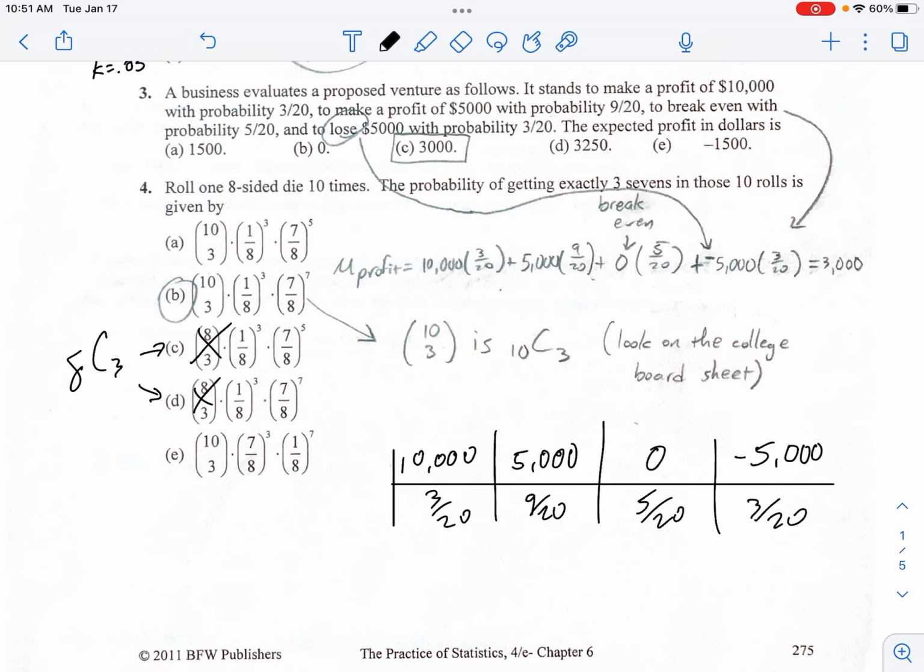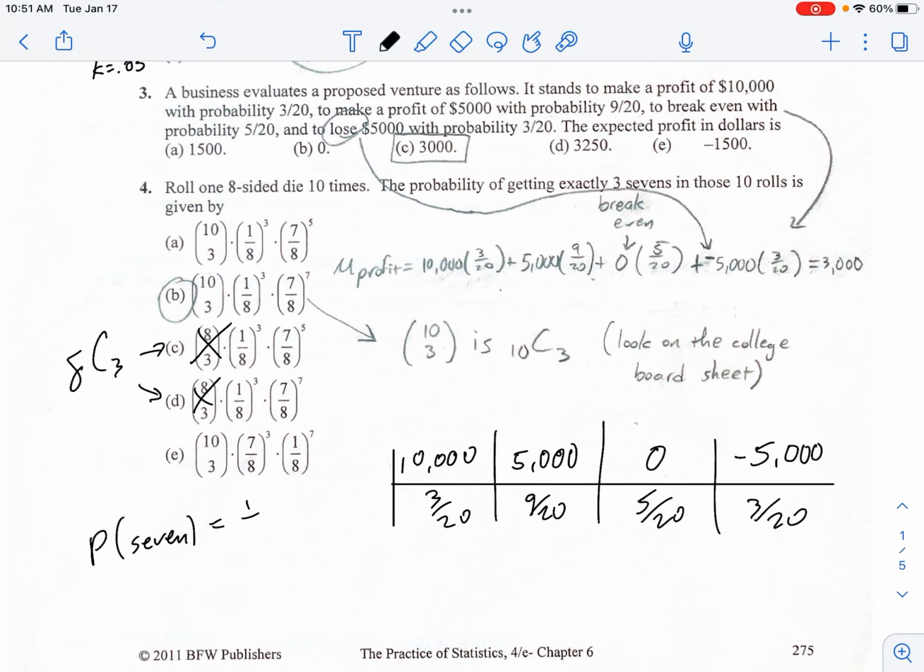Then the next piece is this. This is the probability of getting what we want. Sometimes when I read this, I'm like, what do we want? We are trying to get exactly 3 sevens. So I want sevens. So what is the probability of getting a 7? Well, what are we rolling? We're rolling an 8-sided dice. So on that dice, I'm assuming there's the numbers 1, 2, 3, 4, 5, 6, 7, and 8.